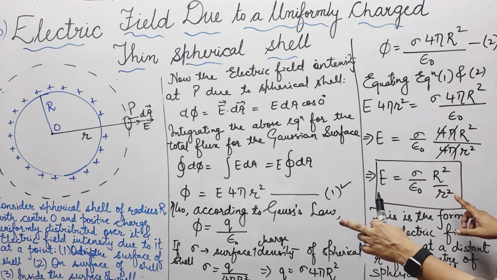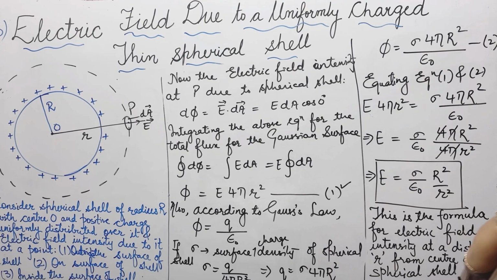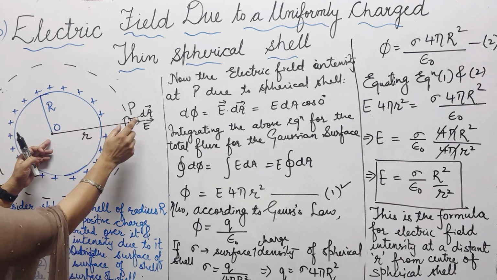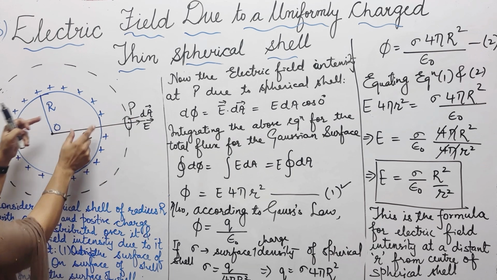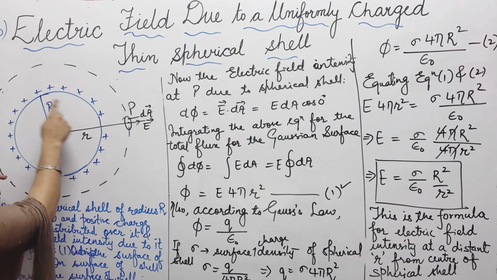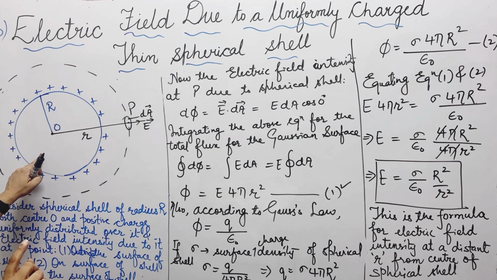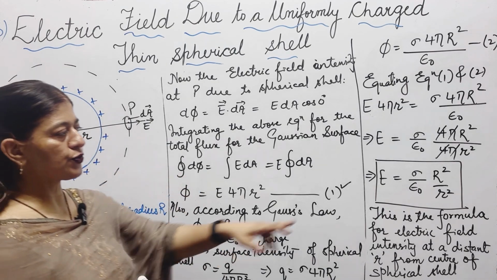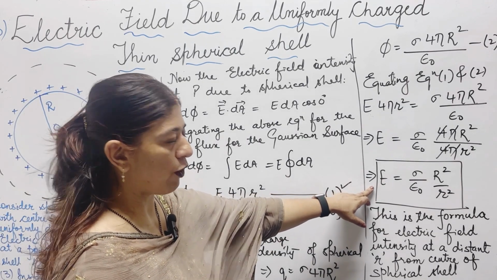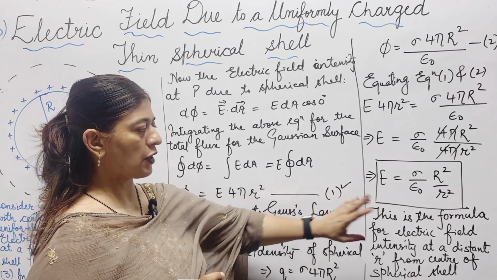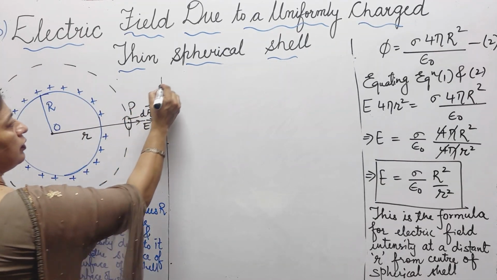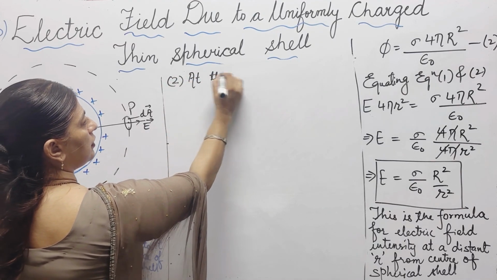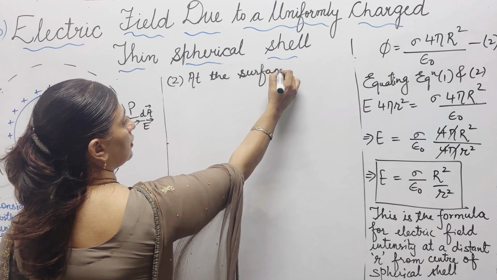If we find it for the surface of the shell, then small r will be equal to capital R. And if we consider inside, then this r will get smaller. So let us find out the electric field using this formula. Outside we have found out, now inside and on the surface of the shell. Now the second point, to find out the electric field intensity at the surface of the shell.